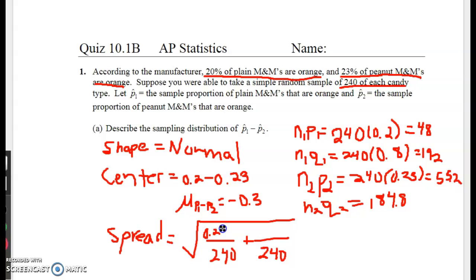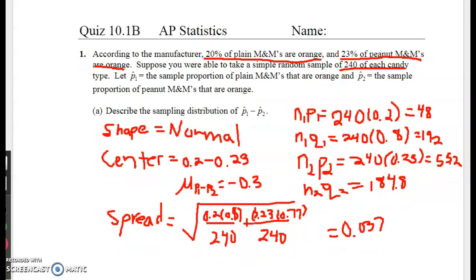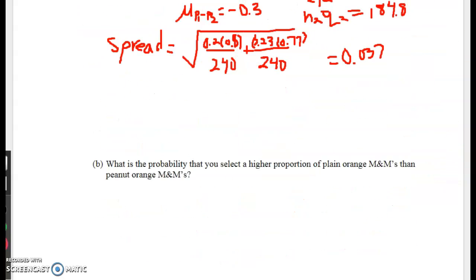So 0.2 times 0.8 over 240, and then 0.23 times 0.77 over 240, and when you do that in the calculator, it gives you a standard deviation of 0.037. If you're having trouble reading my writing, I also attached in Google Classroom the filled in version of the quiz. So there's my sampling distribution for the difference of p hats.